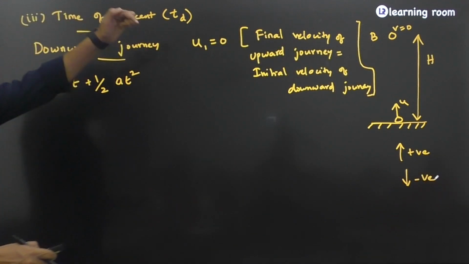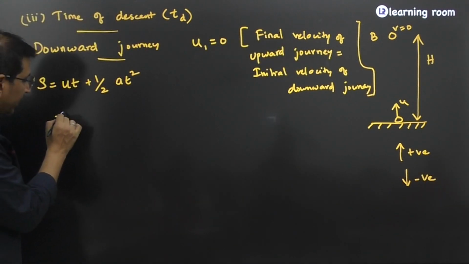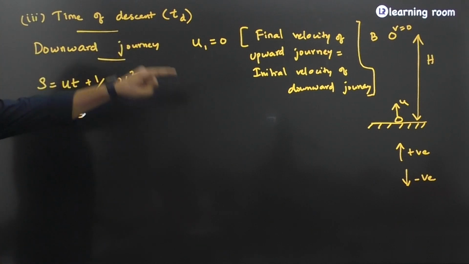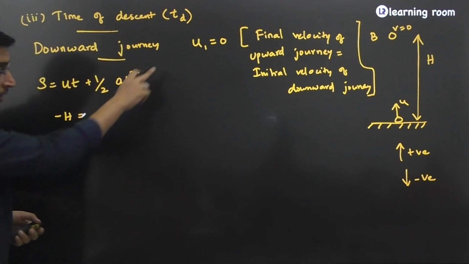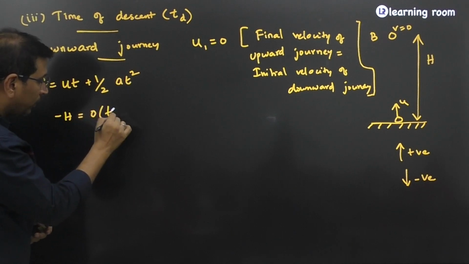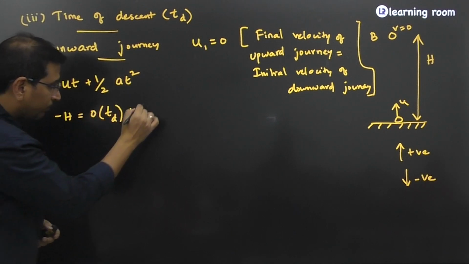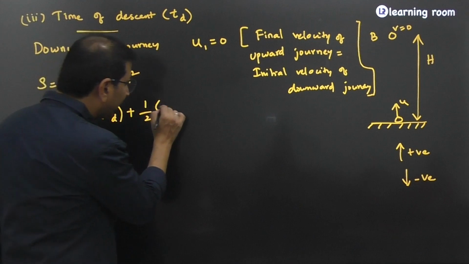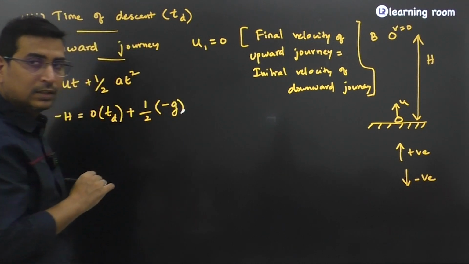So since the object is traveling in the downward direction, S should be taken as minus h is equal to, what is the initial velocity during this journey? 0, 0 into time of descent plus half into acceleration due to gravity is minus g, because downward is still negative.